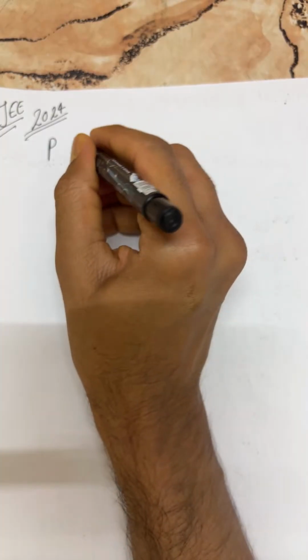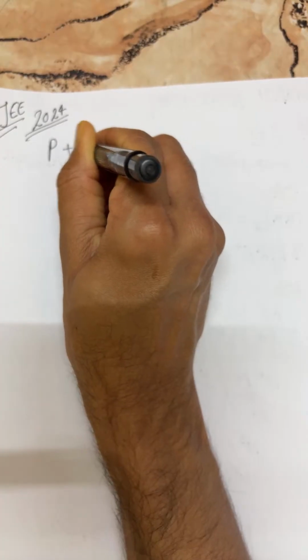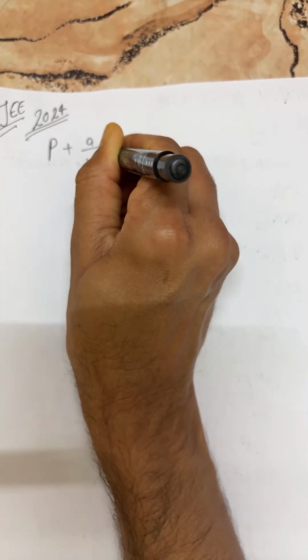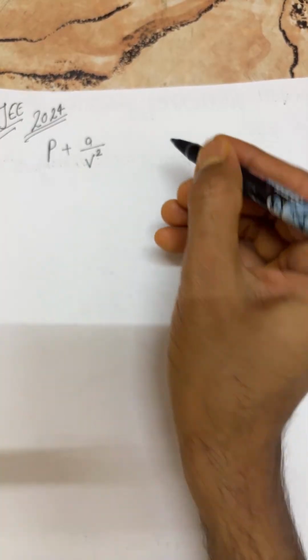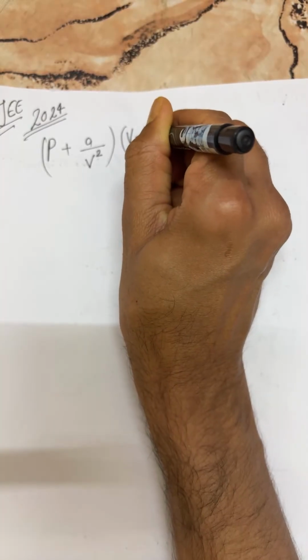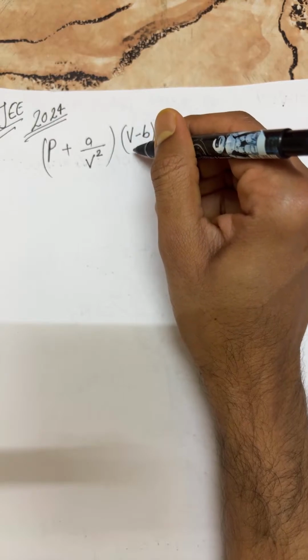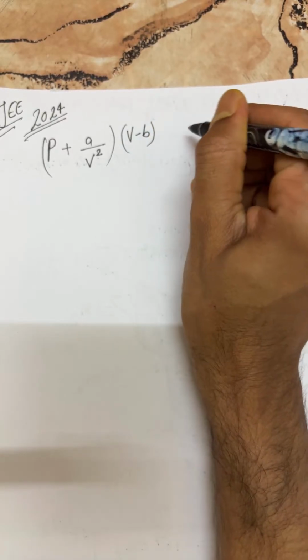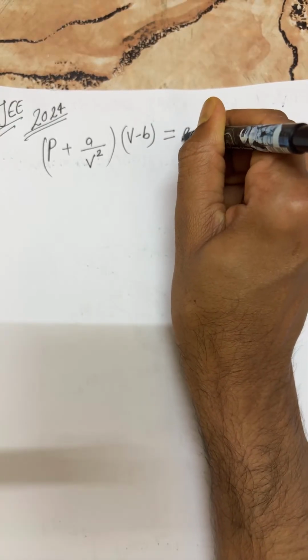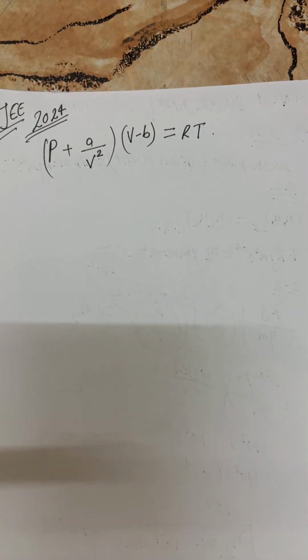P equals pressure, P is equal to a plus A by V square, where A is a constant, B is the volume, into V minus B. V is a volume, which equals RT, and T is temperature, where symbols have their usual meaning.